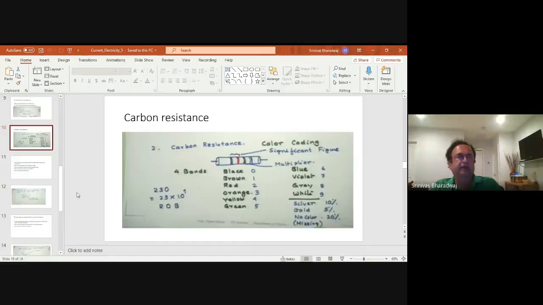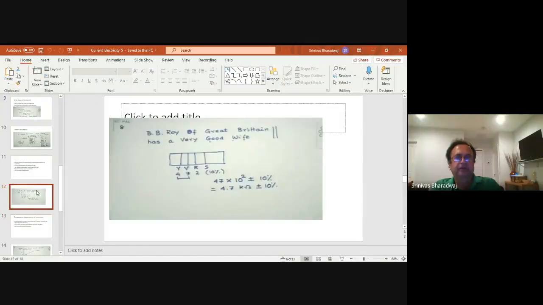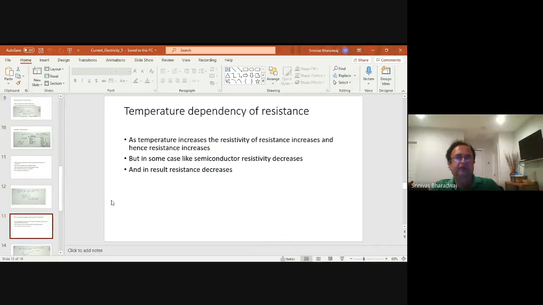B.B. Roy from Great Britain has a very good wife. So that's the mnemonic. Using that mnemonic, you can code these 4, 7, 2, and then the tolerance of how good the value is, which is plus or minus 10%, based on the color.